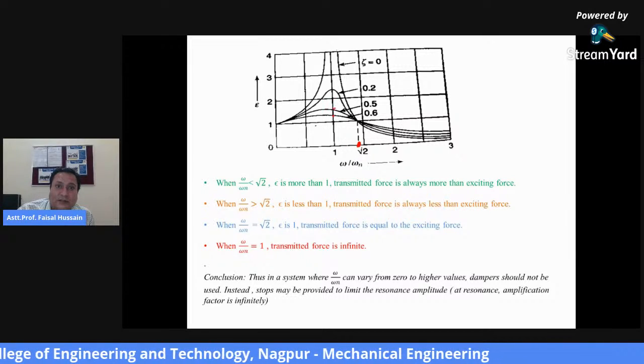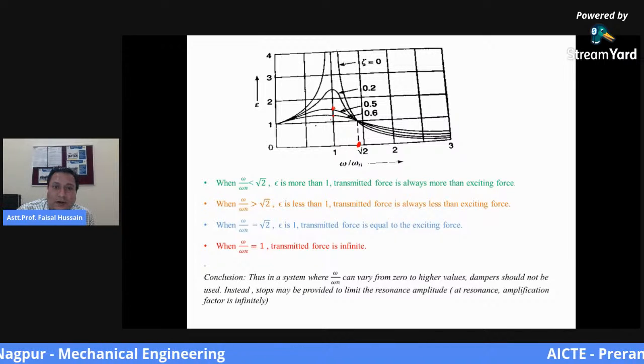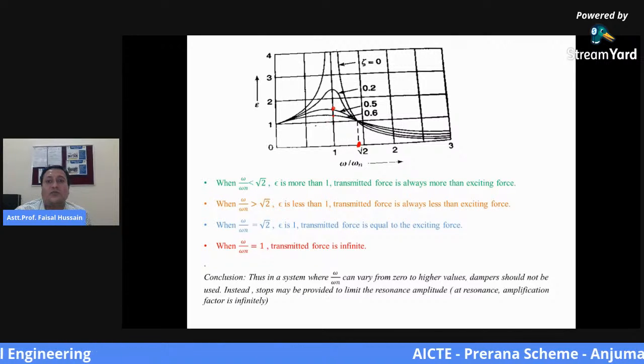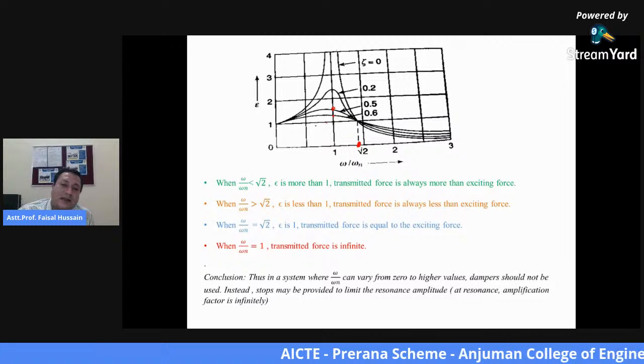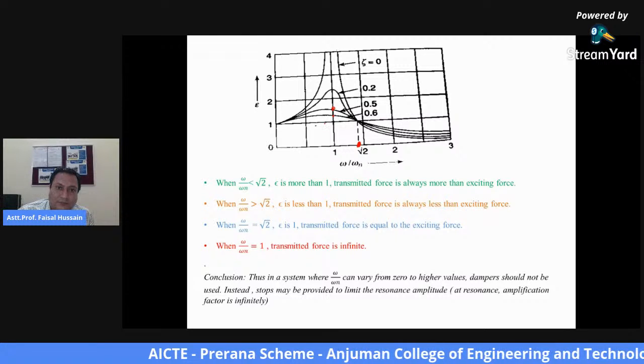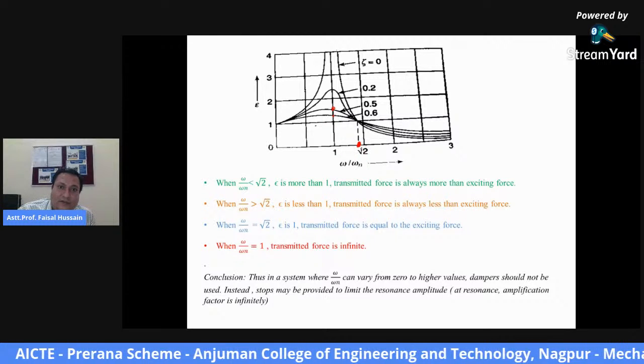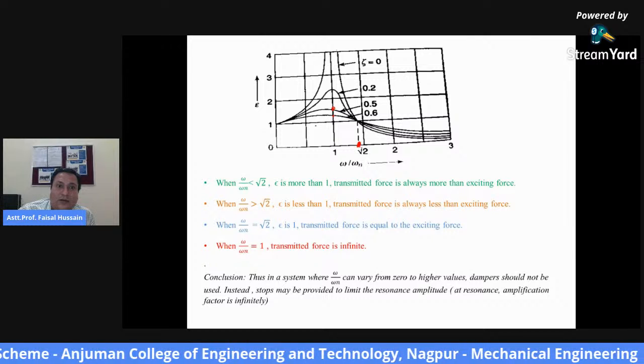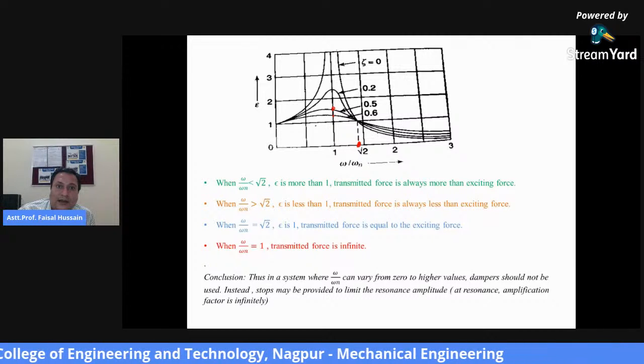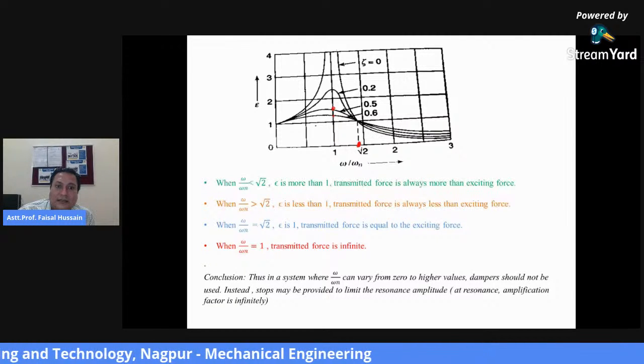And if it is more than 1, the transmitted force is always more than the excited force, meaning Ft will be more than F0. If the frequency ratio is greater than root 2, then the transmissibility value will be less than 1.